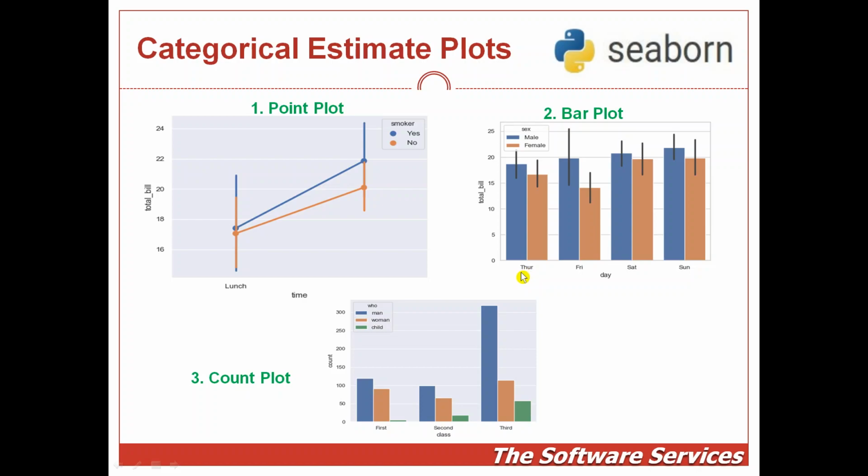For example, take Thursday. On Thursday, this bar indicates the mean on the Thursday when it is male, and here this color is for female.